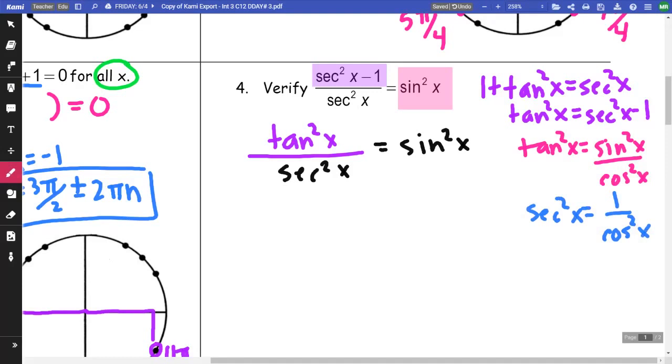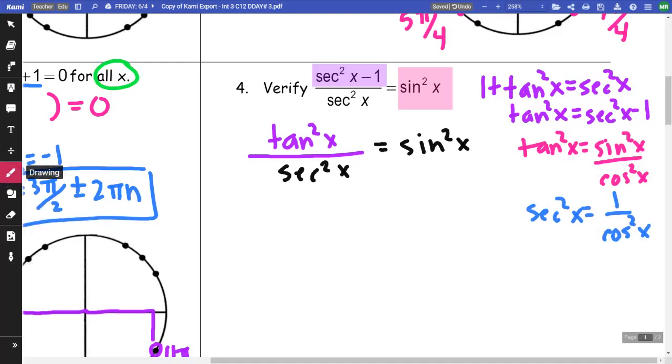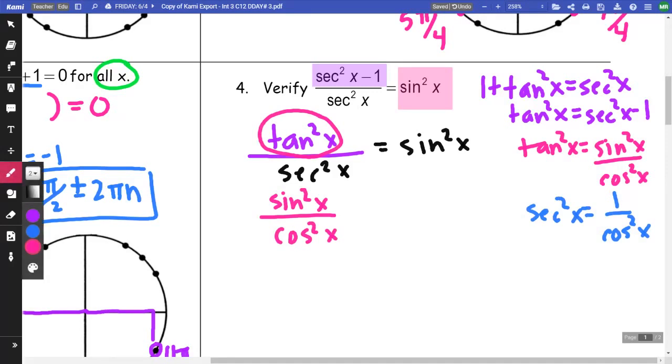I'm just writing these out so you know where I'm getting these things from. So that's going to give me a sine squared x over cosine squared x over 1 over cosine squared x.